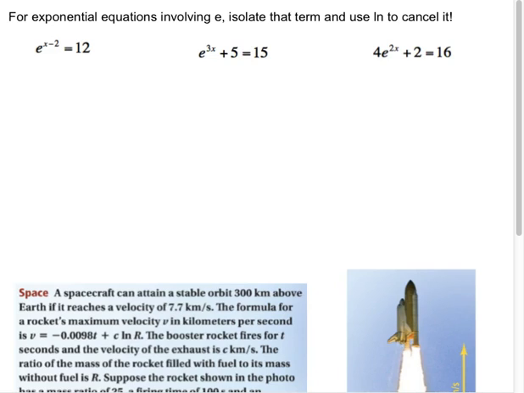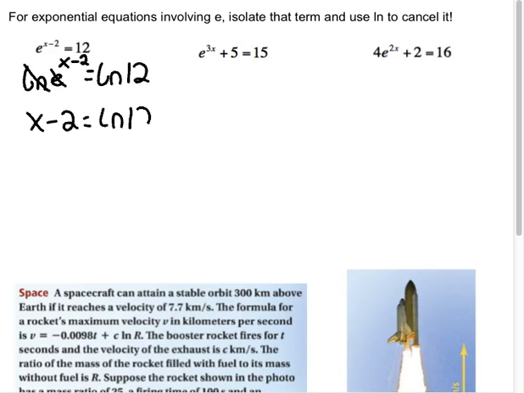So here, the cool thing is I can just natural log both sides when there's e involved. And the neat thing is ln and e perfectly cancel each other. So I get that.